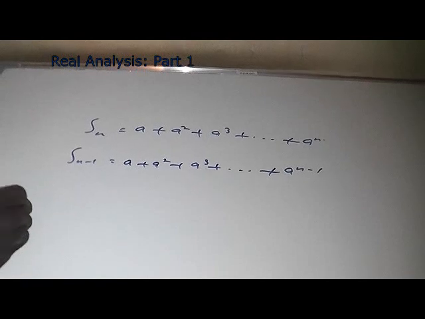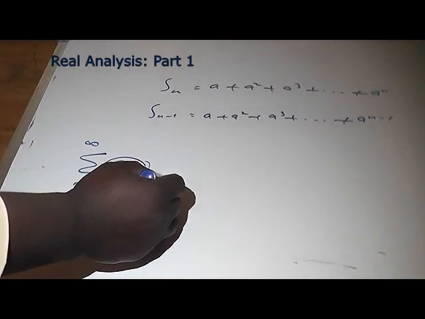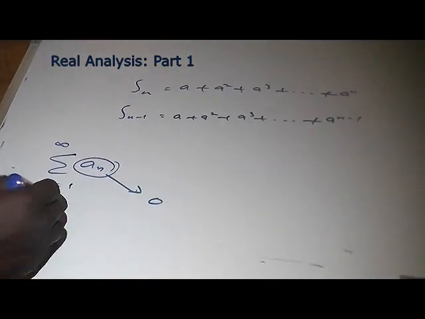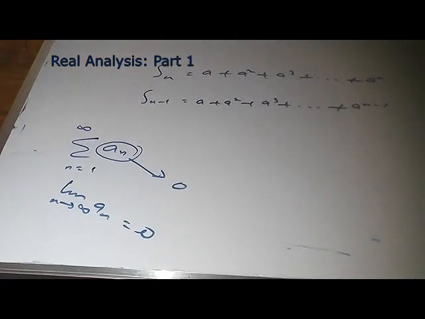Now, to prove that the summation, n runs from 1 to infinity, converges is to check whether Sn converges, meaning that the limit as n tends to infinity of an is 0.